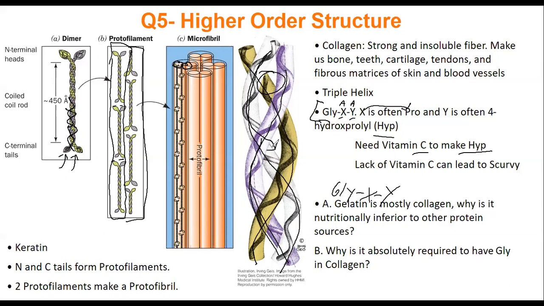It can adopt conformations that other amino acids can't. So having these tight turns and low steric hindrance allows us to form this triple helix protein that no other amino acid can really do. So glycine is really specialized for having little steric hindrance and great flexibility.